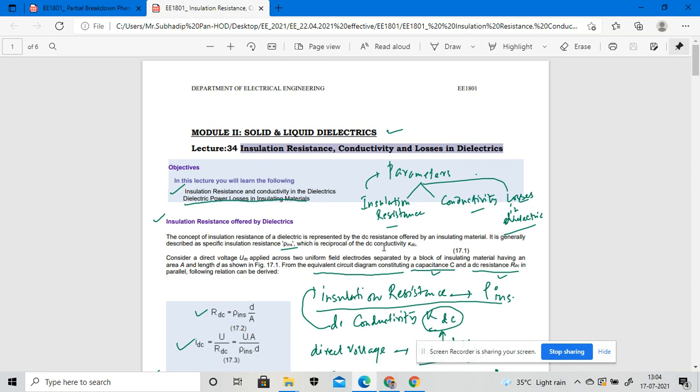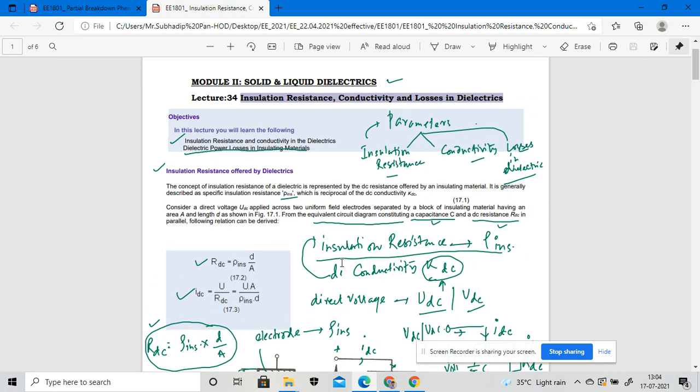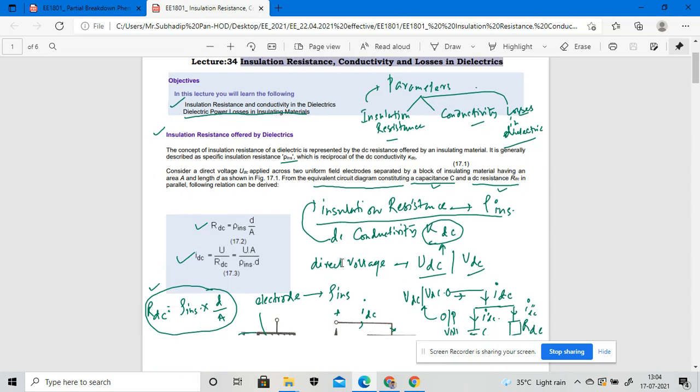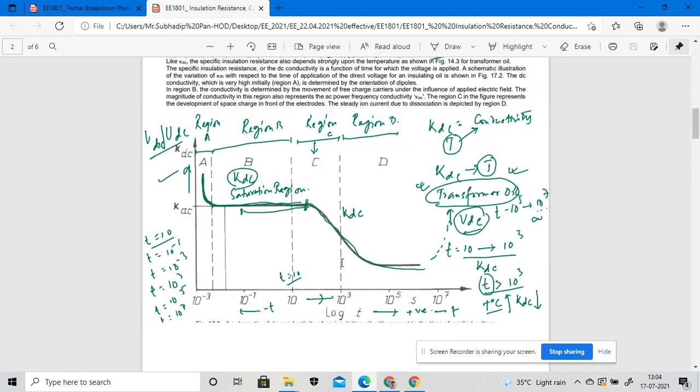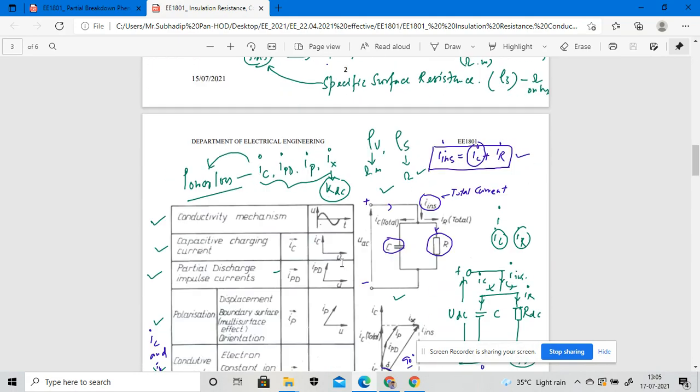In the previous lecture, we discussed the insulation resistance offered by the dielectrics, the different parameters associated with the different dielectrics, and we also discussed the dielectric power losses in the insulating material.